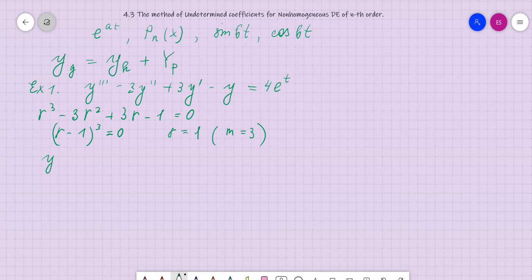What does it mean? It means that the homogeneous solution, which is supposed to be c1 e to the power of t, because we do have the same root repeated 3 times, we're supposed to have all different coefficients in front of the exponential function, but we are not going to have it because we do have 1 here. We're going to solve this problem by multiplying by t, so c2 t e to the power of t and c3 t squared e to the power of t.